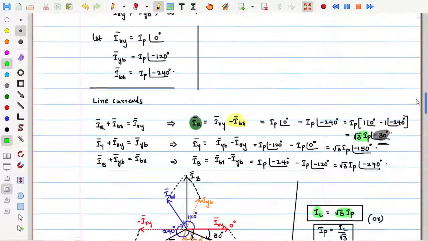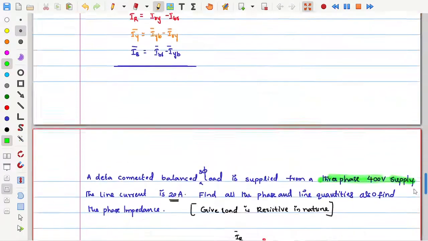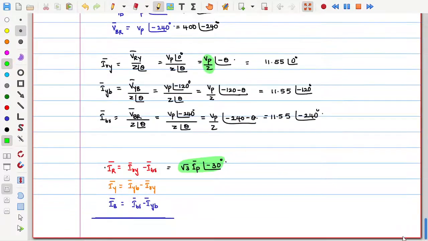Yeah, here, see that. IP is at an angle of minus 30 when the corresponding IRY is at 0. This line current is lagging its corresponding phase current by 30 degrees. So if you remember this logic, directly you can write. You need not do all these KCL equations, or do substitution of these IRY and IBR. You will get the same value.